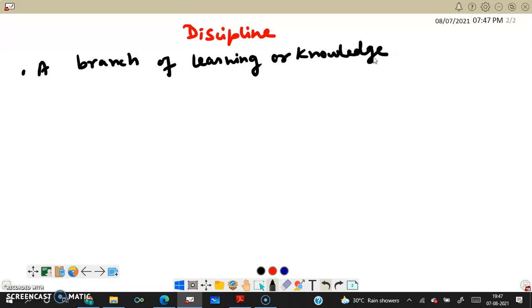Disciplines are broken into sub-disciplines like this, because in order to organize books in the library, to give a school program, or in higher education institutions, accordingly the discipline is organized. I'll repeat again: a discipline can be broken into sub-disciplines.